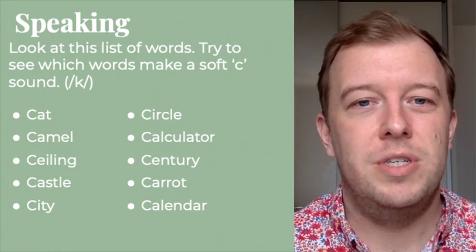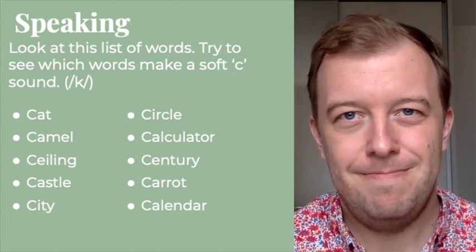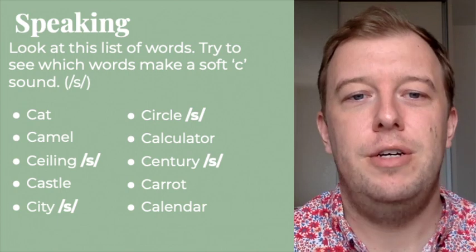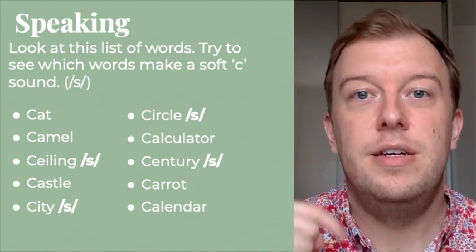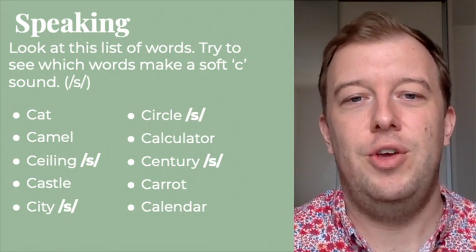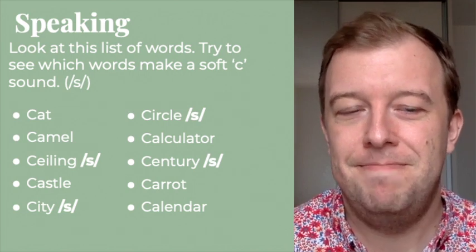Can you see which ones have the soft C sound, the S sound? So the soft C sounds appear in ceiling, city, circle, century. Okay, you hear that soft C, that sounds like an S.